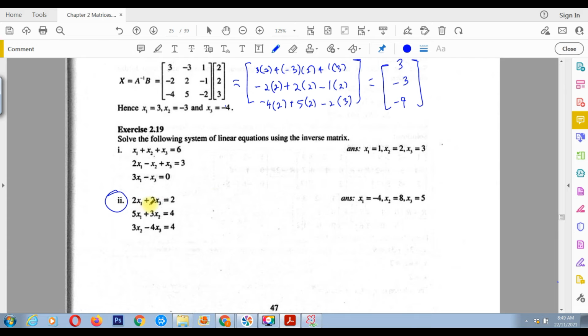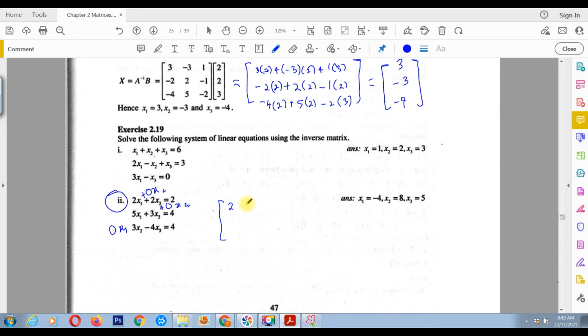So make sure here x3. Missing here is 0 x2. Here is missing 0 x3. And here is 0 x1. So we made the system of equations.